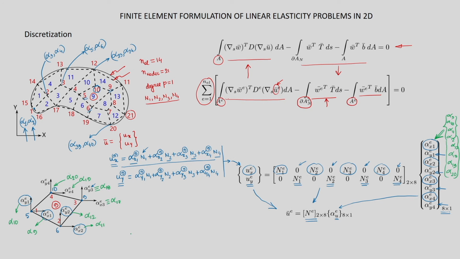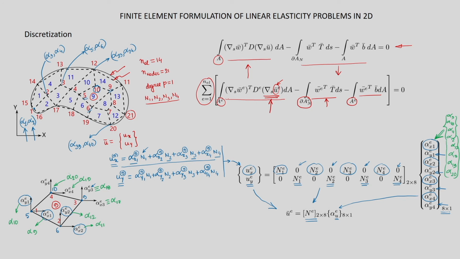Alright. So, now once we have seen how to represent u with these shape functions, let us calculate the symmetric gradient of u, which we need to use in the first integral.